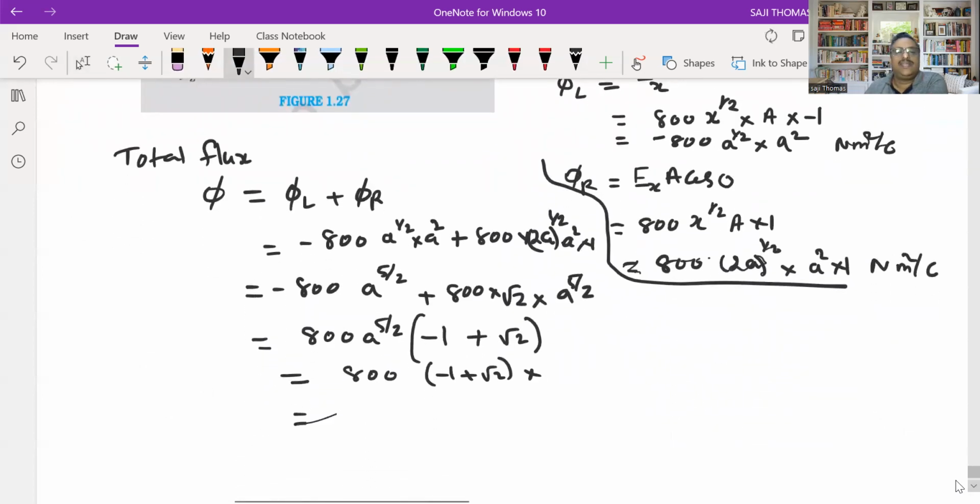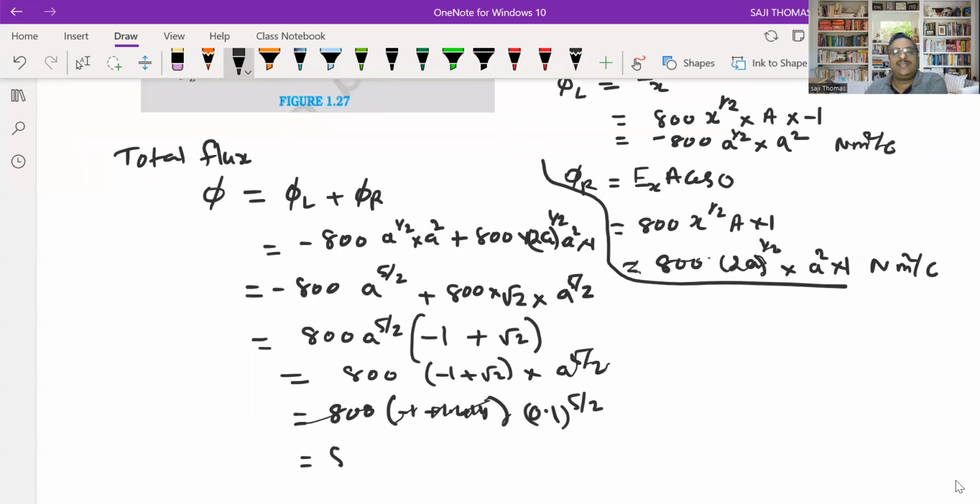You get 800 into minus 1 plus 1.414, into 0.1 raised to 5 by 2.